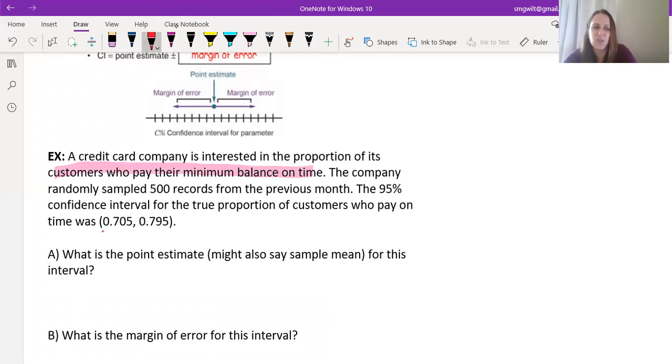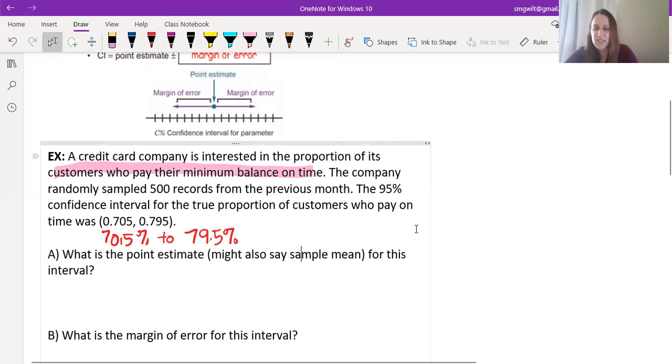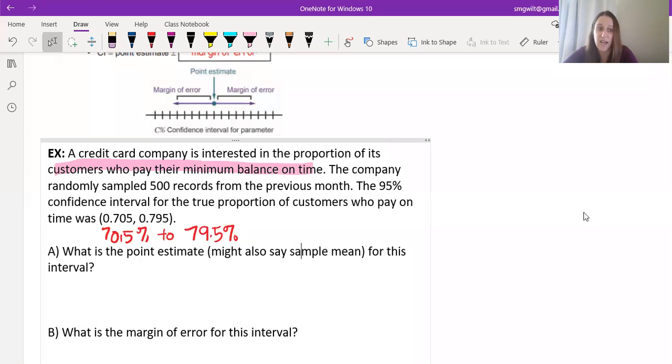So that means that we're looking at from 70.5% to 79.5% of their customers are paying their minimum balance on time. So the 95% is our confidence interval, and then these two values are the values between which I'm confident the true proportion lies.